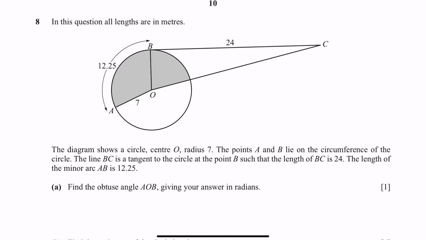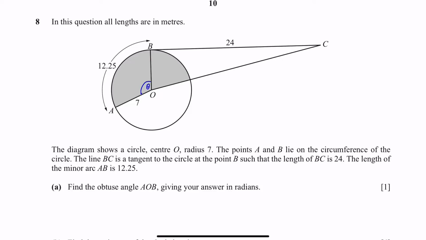For question 8, we have a diagram with a circle of radius 7. Point A and B lie on the circumference. Line BC is a tangent to the circle at point B, such that the length of BC is 24. The length of the minor arc AB is 12.25. We need to find the obtuse angle AOB, which is this angle.